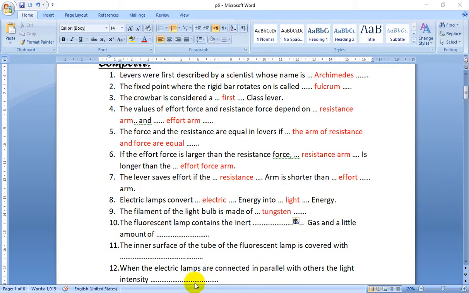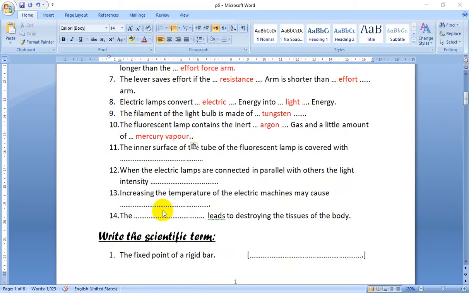Number 10. The fluorescent lamp contains the inert what gas and a little amount of what? The fluorescent lamp contains the inert argon gas, and a little amount of mercury vapor. Number 11. The inner surface of the tube of the fluorescent lamp is covered with, who remembers?